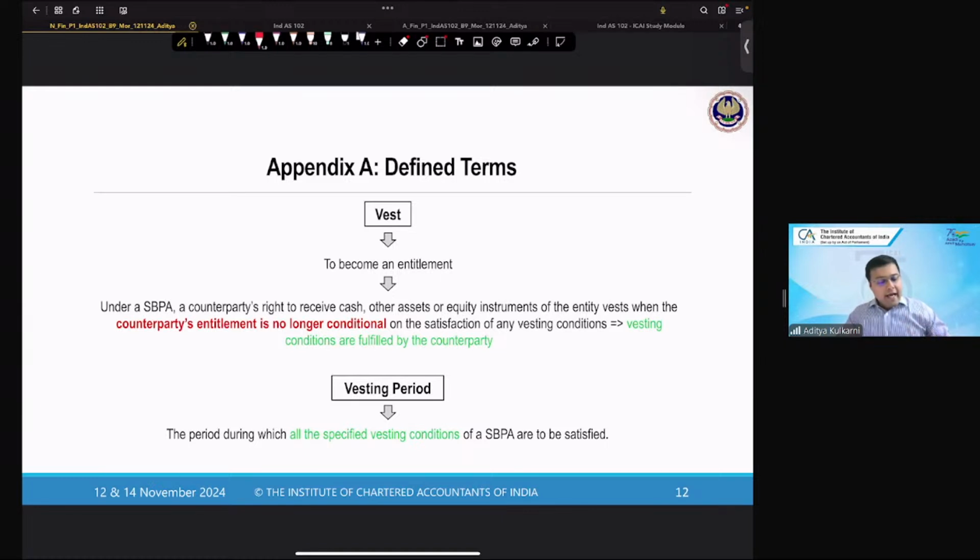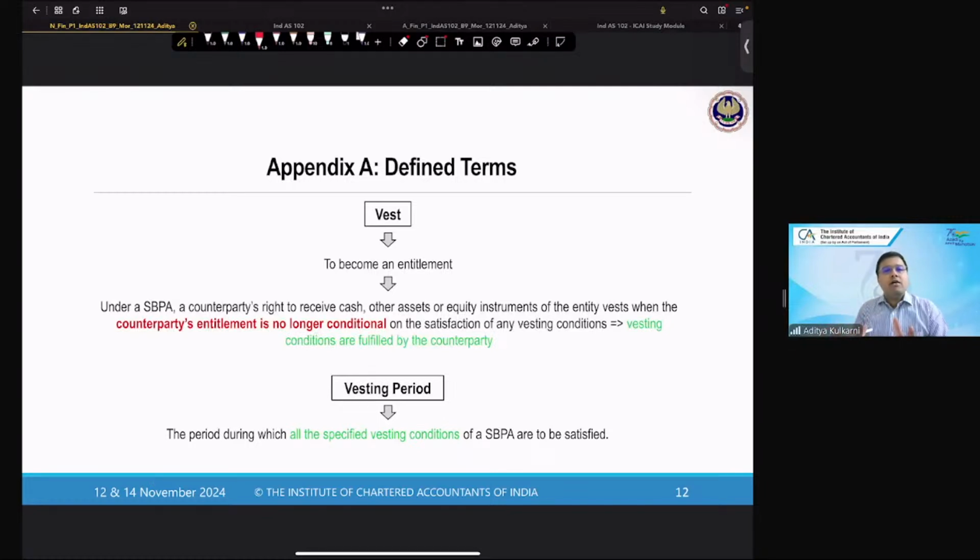So today I join, I will not become entitled to share-based payments probably today itself, because I need to work and prove my worth to the organization. I need to prove that I am a valuable asset to the organization. So this is the period where the employee is required to work so that he becomes entitled to the options.